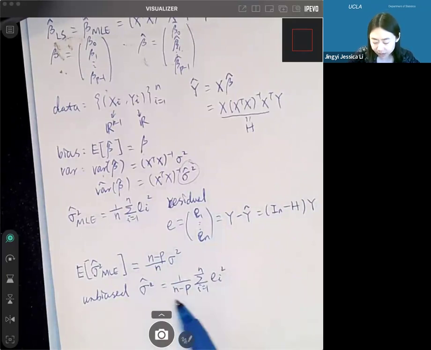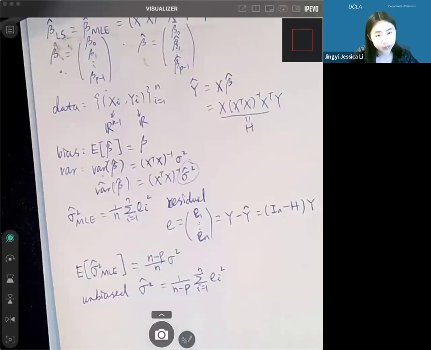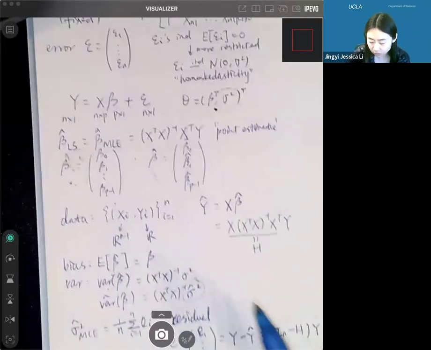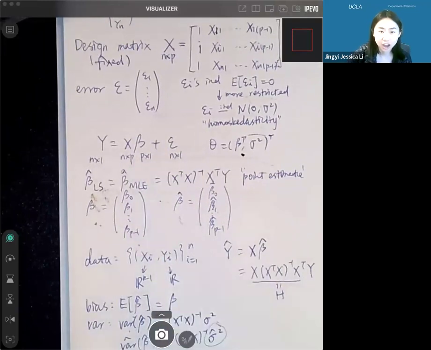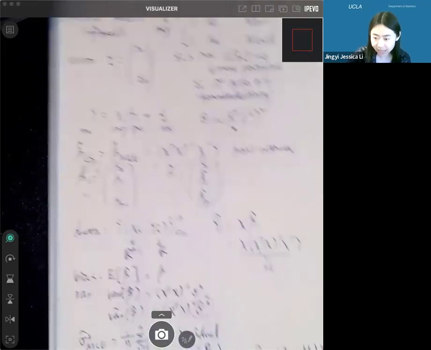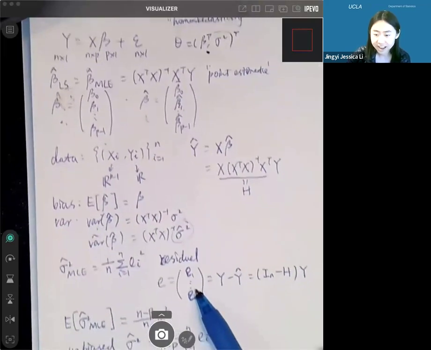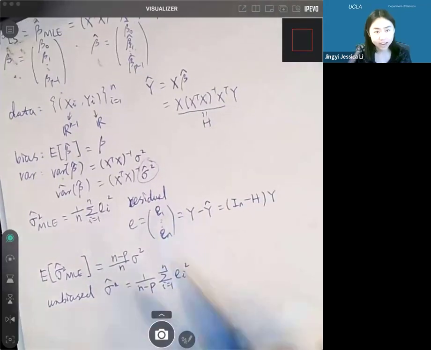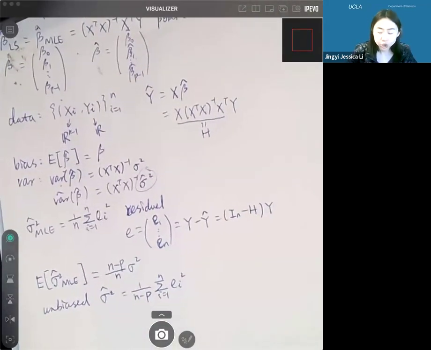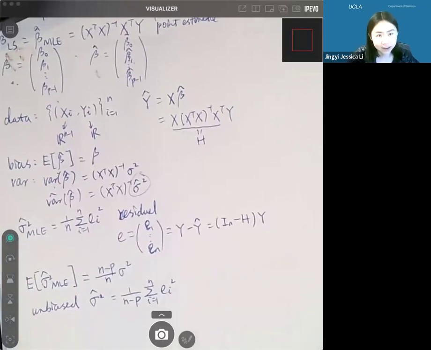This is also reflected in what we call degrees of freedom, meaning that you lose p degrees of freedom because your model has p parameters to tie your n observations together. This constraint makes your residuals e_1 to e_n not as free as your error terms epsilon_1 to epsilon_n, because the epsilons are independent, so each one's value doesn't affect the others.